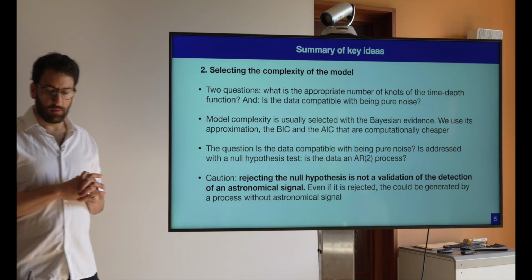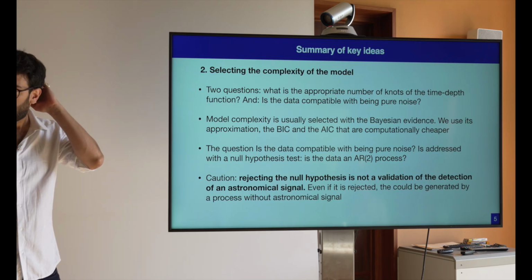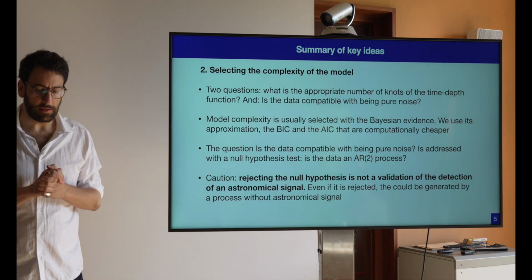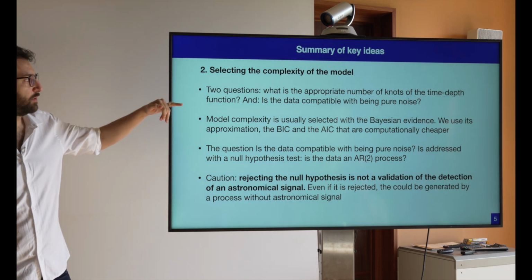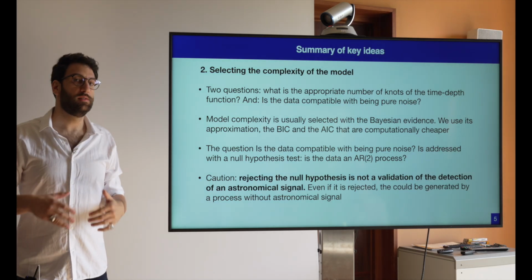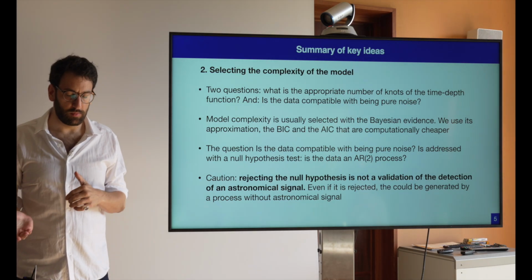On the third day, we saw that just with the genetic algorithm, we can select the complexity of the models, and in particular, we want to answer two questions. Should we have a model at all? Is there some astronomical signal in the data, or is it compatible with being pure noise?